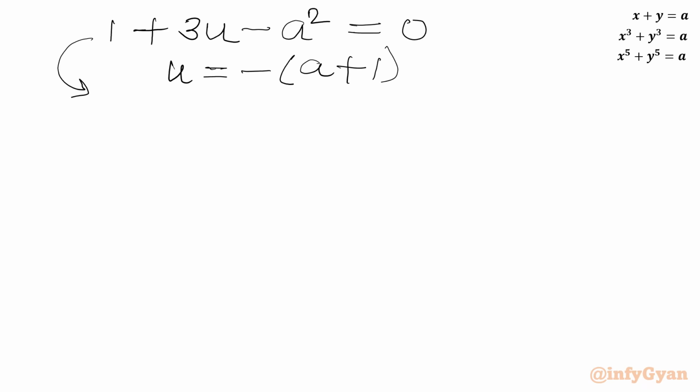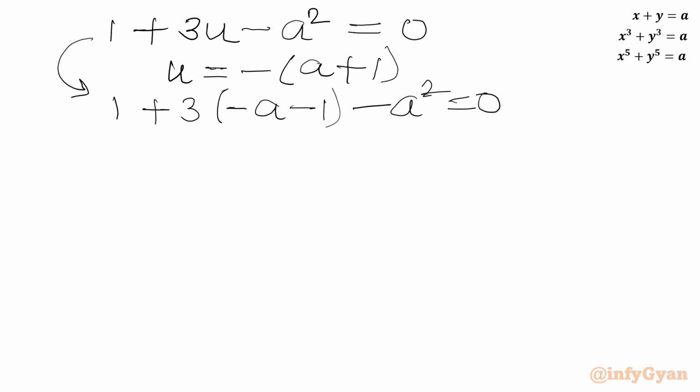So we will write 1 plus 3 times, in bracket we can write minus a minus 1, minus a square equal to 0, or we can write 1 minus 3a minus 3 minus a square equal to 0.